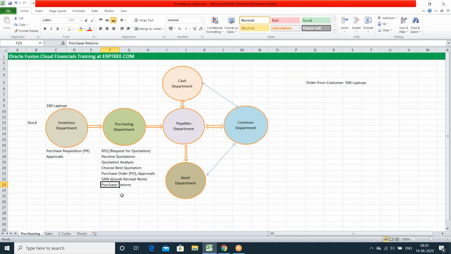They'll return the material which is not in good condition or got damaged. Ideally these two activities can be handled by the inventory department only. We receive the material into inventory and the returns also can be done by the inventory department.